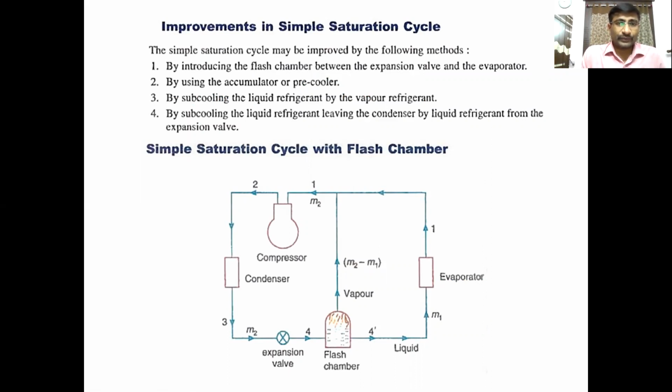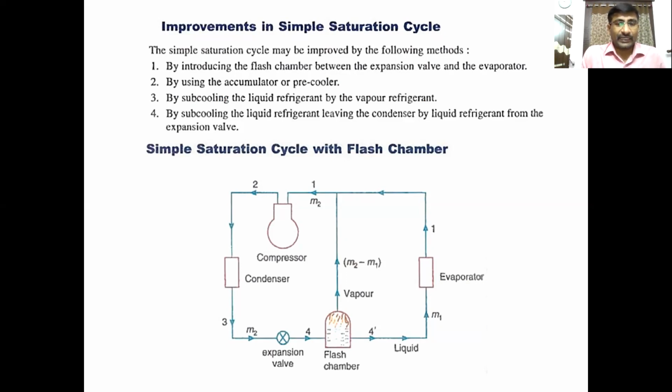Third, by subcooling the liquid refrigerant by the vapor refrigerant, where a liquid vapor heat exchanger is used. And fourth, by subcooling the liquid refrigerant leaving the condenser by liquid refrigerant from the expansion valve, where we use a liquid heat exchanger.